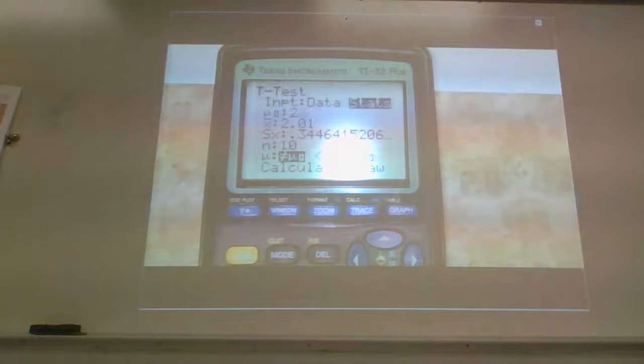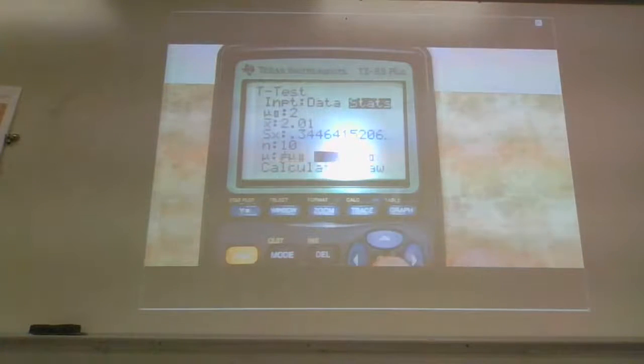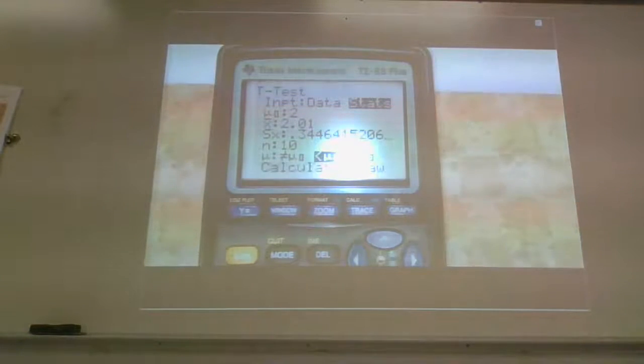What's the average of the boys? 2.01? What's so weird about that? It's already more than what the kid watches, which means that I'm going to get a ridiculous p-value here.